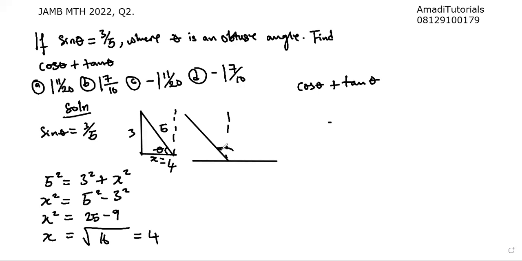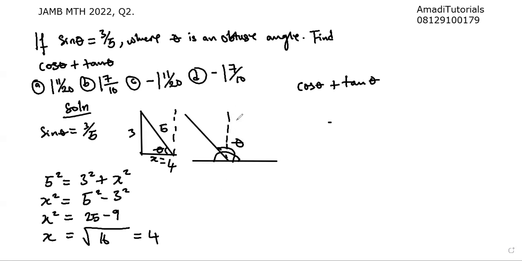If you see this angle here, it is an obtuse angle. The reason it's an obtuse angle is because it's greater than 90 degrees but less than 180 degrees. From here to here is 180. So an obtuse angle is an angle greater than 90 degrees but less than 180. You understand?